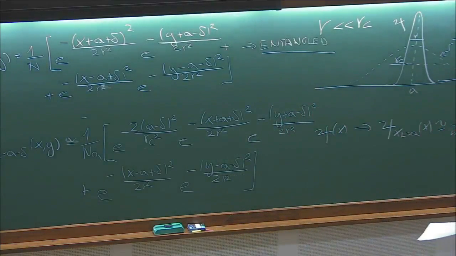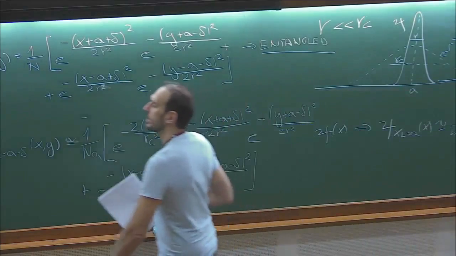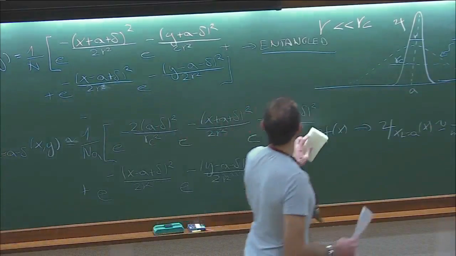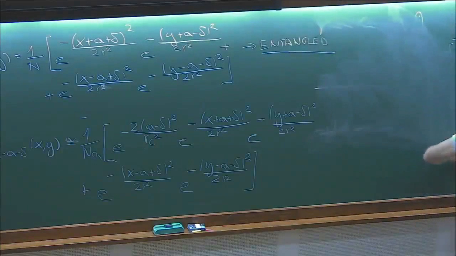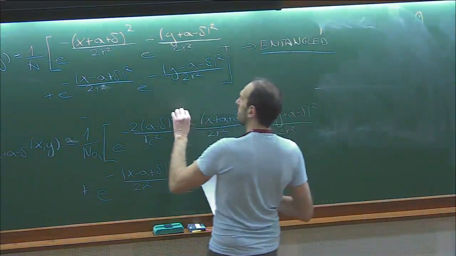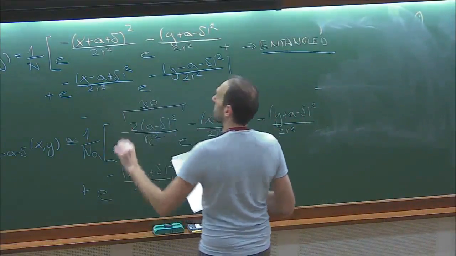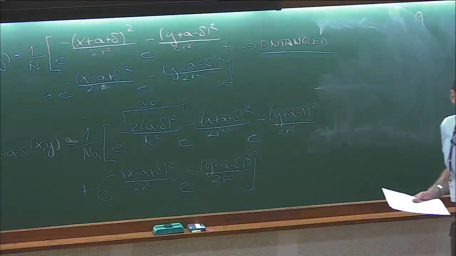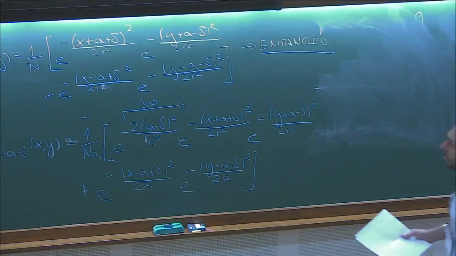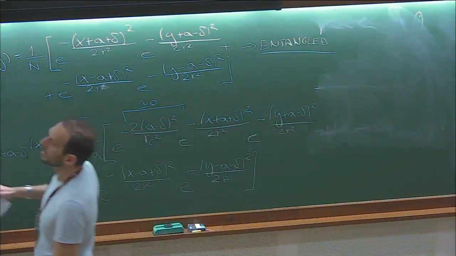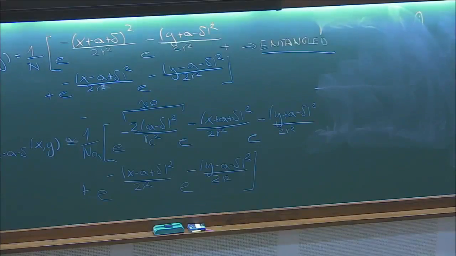And now, the same story applies as before. This is almost zero. This is because r is small, sorry, with respect to the 2A and delta.